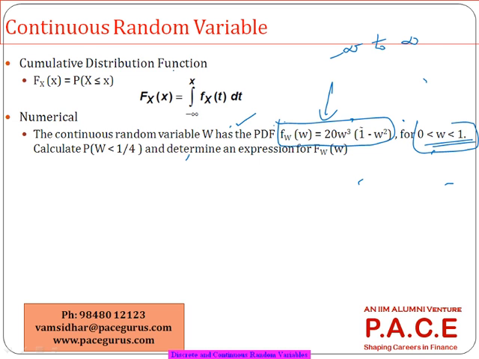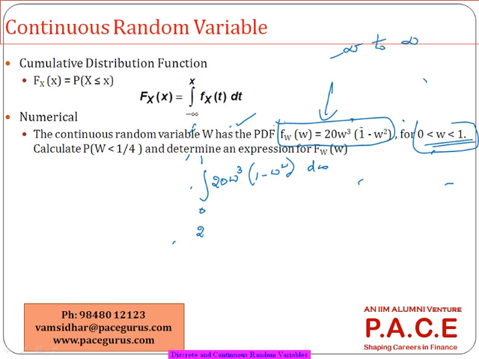So here I don't need minus infinity to plus infinity because the range is already given. It cannot take anything beyond this. So if I integrate this function from 0 to 1, some common integration formulas are probably worth revising.